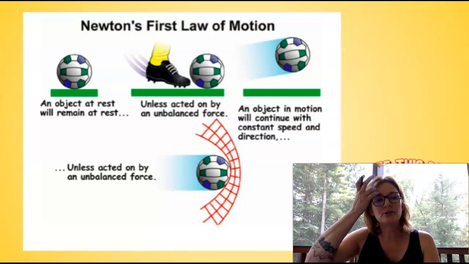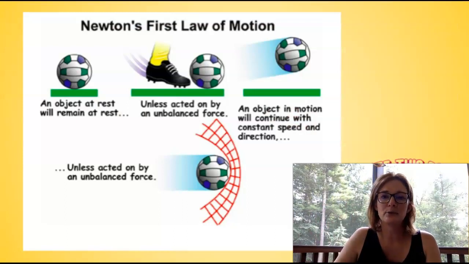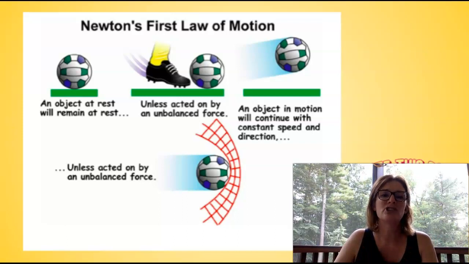To do that, we actually need to get a little bit more specific and talk about Newton's first law of motion, which is often referred to as the law of inertia because it's very intertwined, but there's a little bit more nuance here.